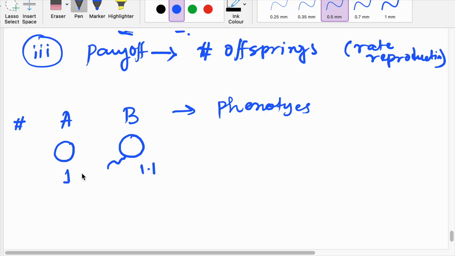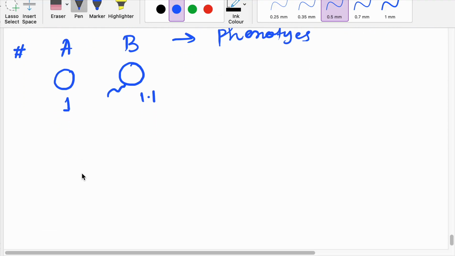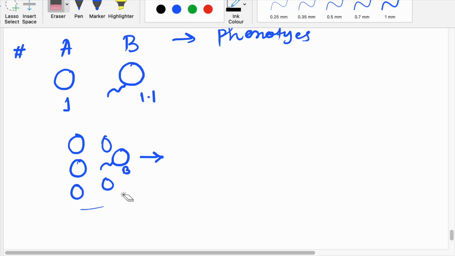Now this is well and good, but consider one situation. Suppose all the individuals are A and only one B individual is there. In this case, B will be much more advantageous because there will be no one else moving with it, so it will enjoy a lot of benefits.